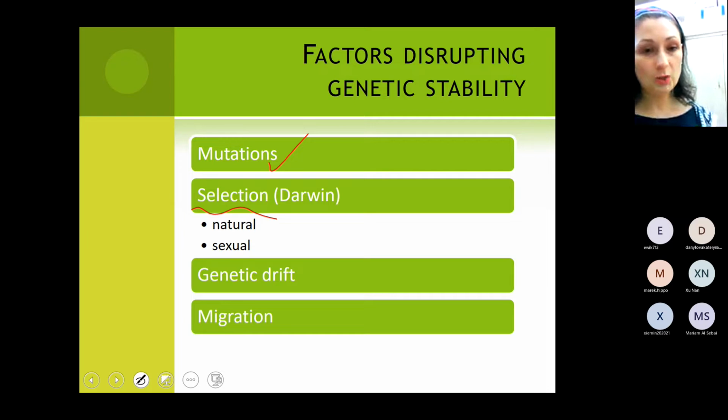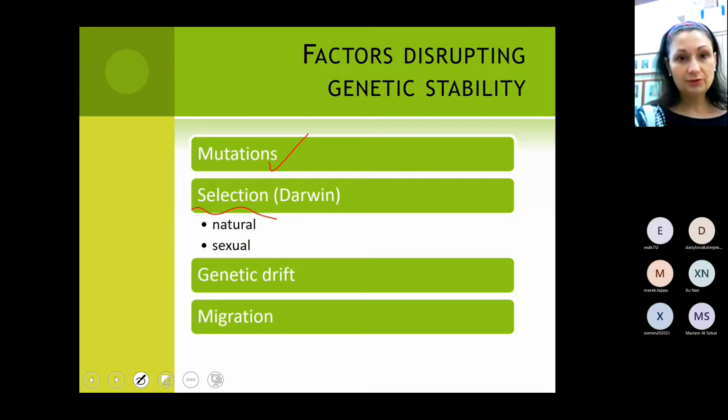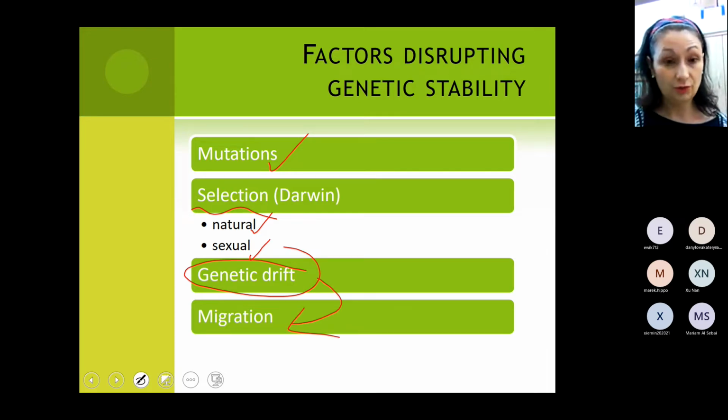Just think about how we select our partner. It really depends on our sexual preferences, and also the selection. It depends on how we are adapted to the environmental conditions. Also the genetic drift, which is usually related to migrations of populations.